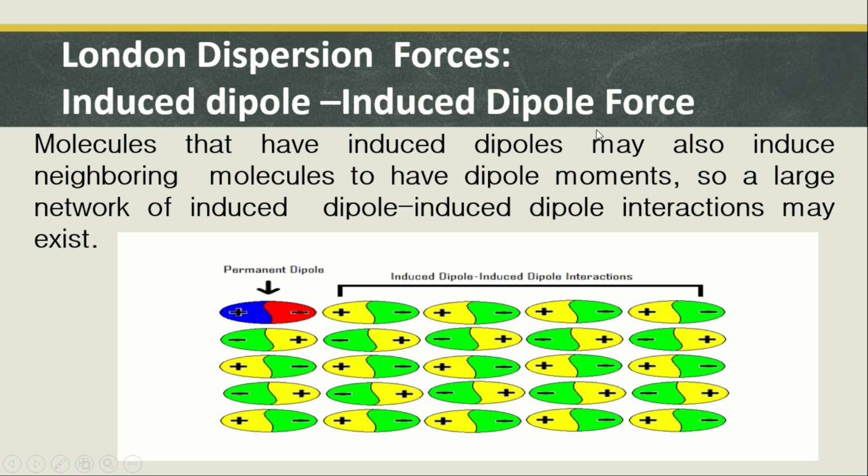When we say induced dipole, it is a nonpolar that has a temporary dipole. So it means the other nonpolars don't have any partial charges yet. So with the presence of an induced dipole, it will induce the other nonpolar molecules near it.